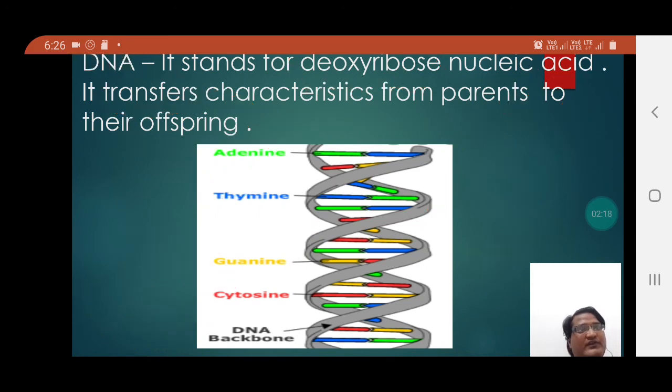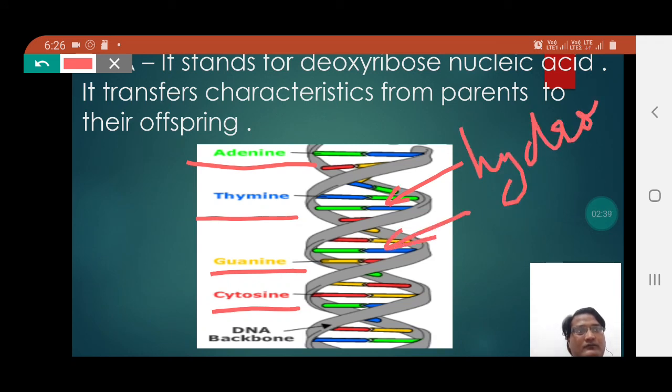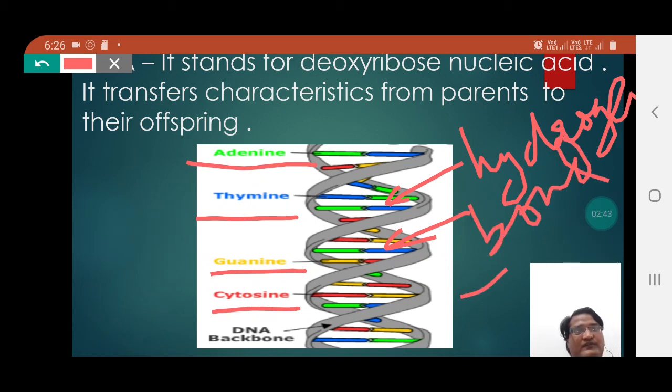Moreover, you can find here the nitrogen bases like adenine, thymine, guanine, cytosine, and the hydrogen bond which acts as the DNA backbone.